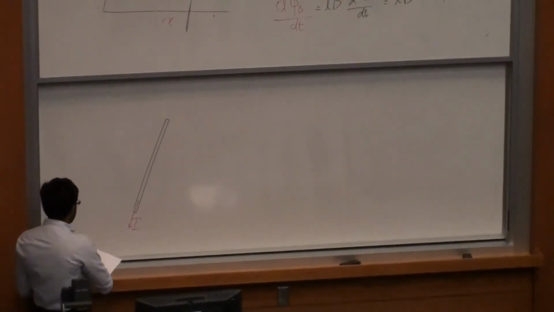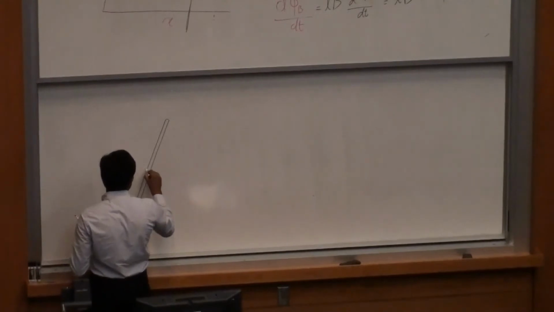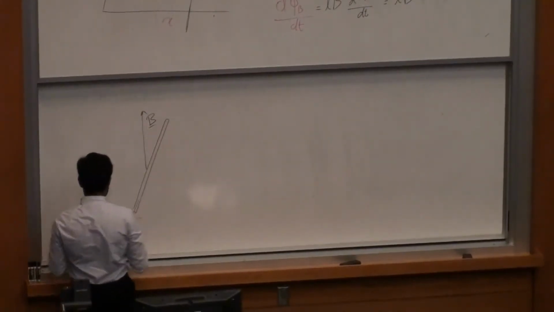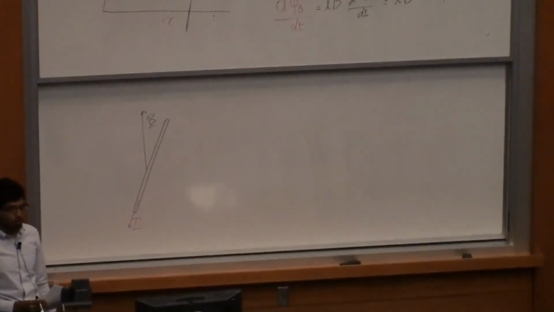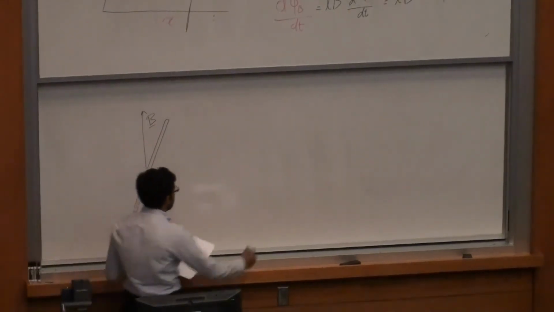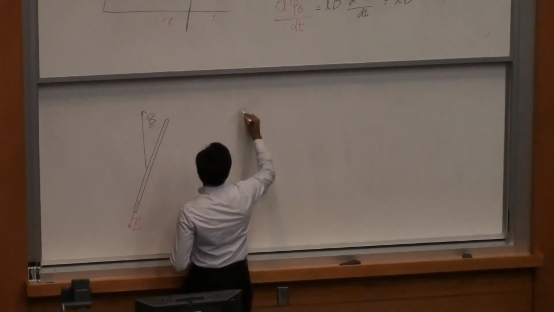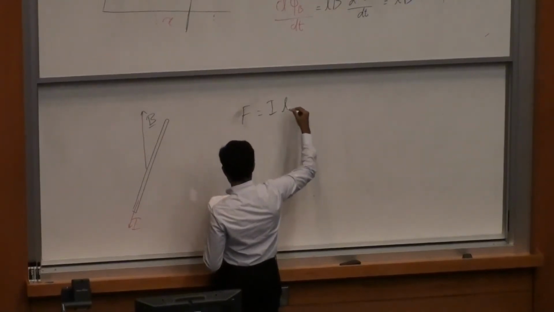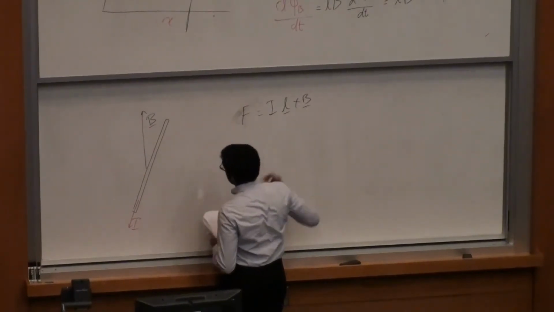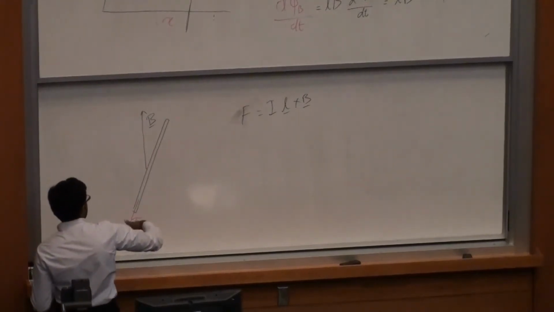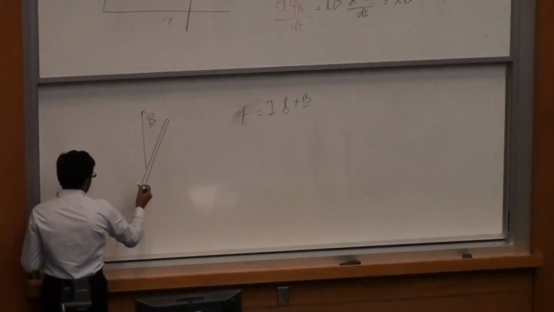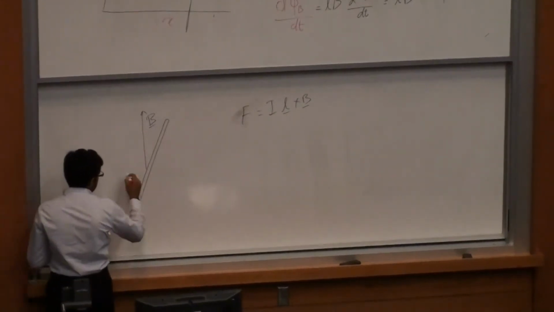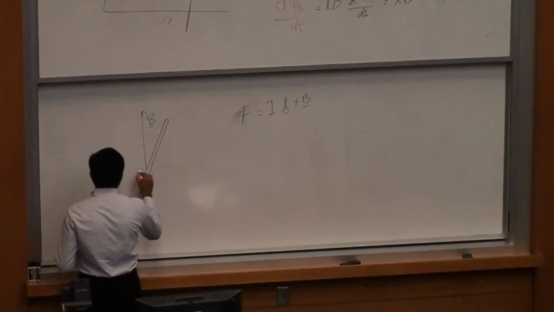Magnetic field is going straight up. Now, think back. What's the Lorentz force for this? Or which direction would my Lorentz force be? For those who don't remember, Lorentz force is equal to the current, the length vector, cross product with B. So my L is this way, my B is up, so my Lorentz force would be pointing in this direction.